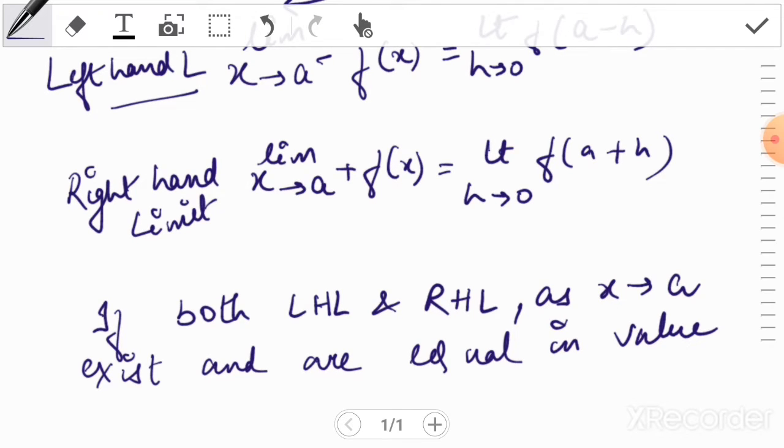If however either or both of these limits do not exist, the limit of f as x tends to a does not exist. Yes or no?